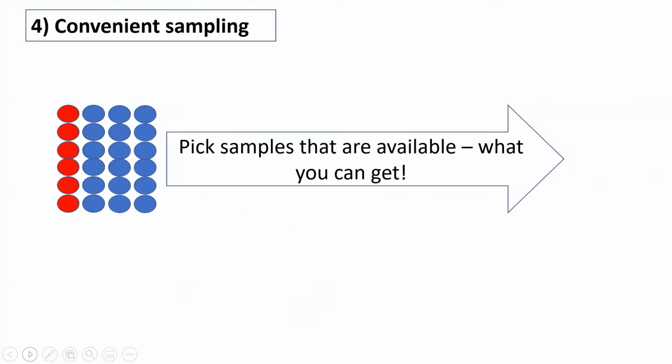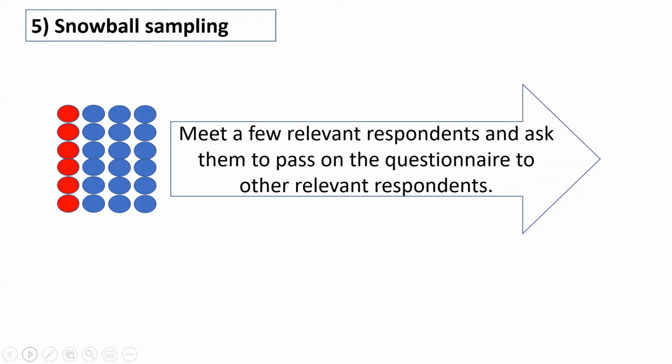Then we talked about convenience sampling. Convenience is used in situations where members of the population are not easily available. They are not readily available for you to sample, so you make use of what you can get. When you do that, you are doing convenience sampling.